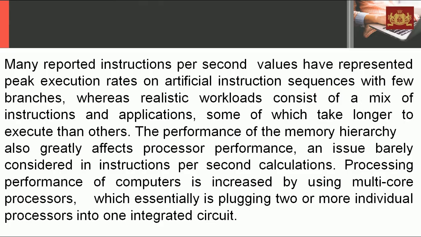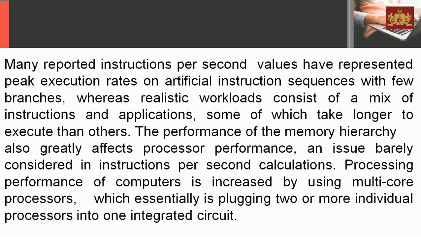Many reported instructions per second values have represented peak execution rates on artificial instruction sequences with few branches, whereas realistic workloads consist of a mix of instructions and applications, some of which take longer to execute than others. The performance of the memory hierarchy also greatly affects processor performance, an issue barely considered in instructions per second calculations.